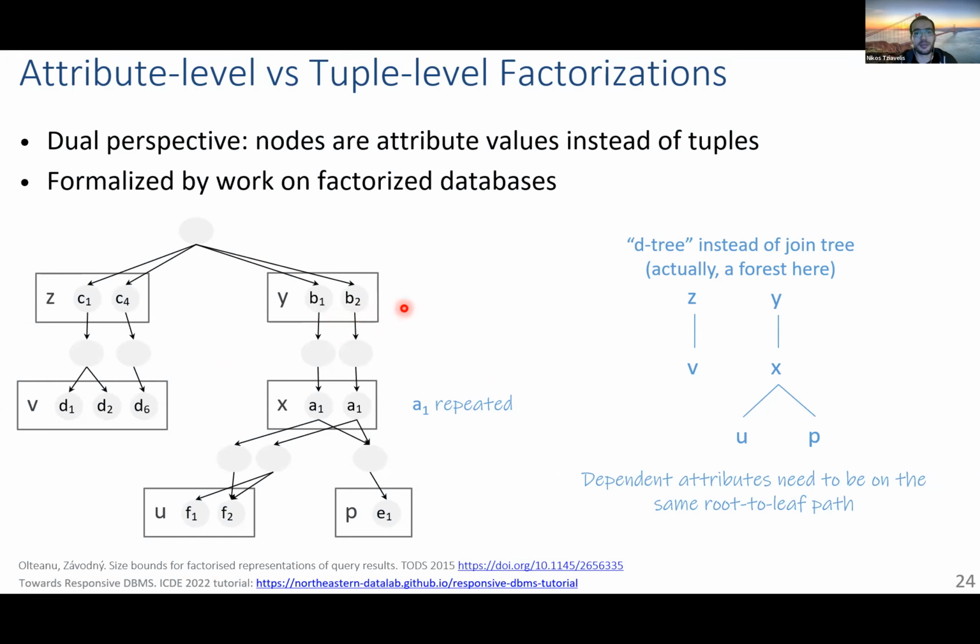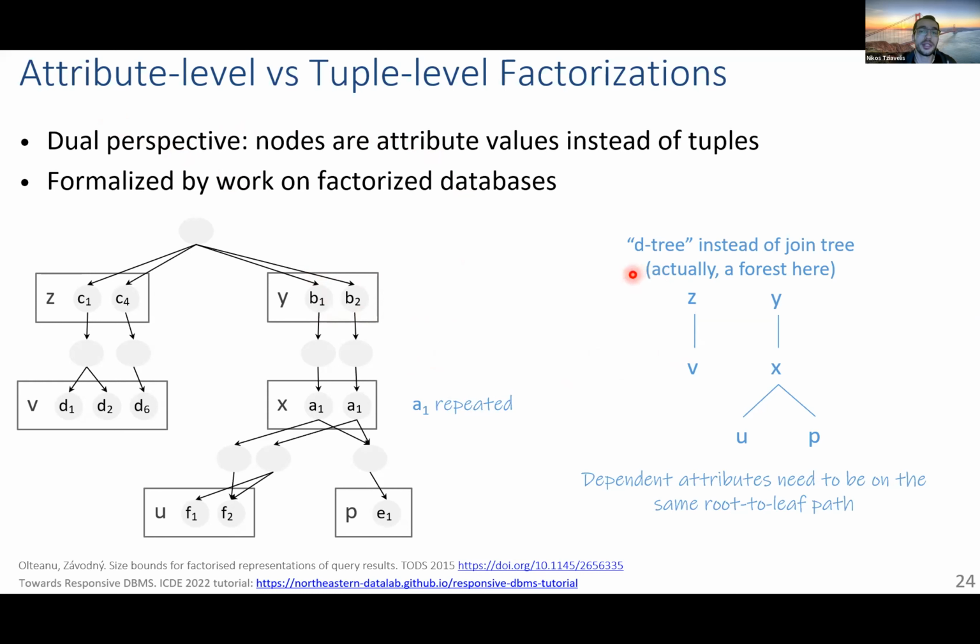Now, these types of representation have been very deeply studied by work on factorized databases, and there are some differences between this type of representation, which we call here attribute level, and tuple level representations. One difference is that instead of a join tree, you can see, for example, that we haven't followed a join tree order here.